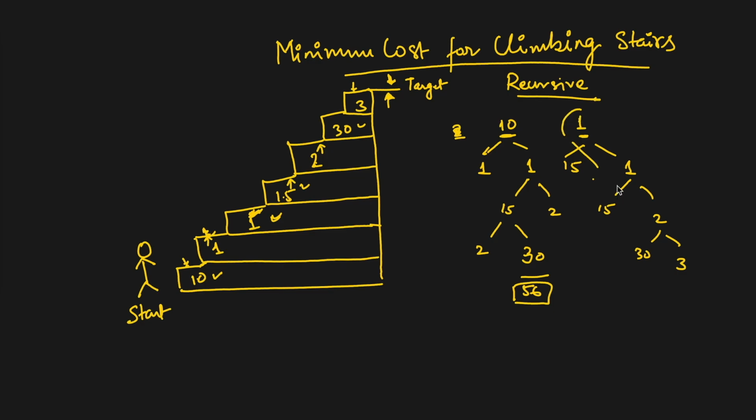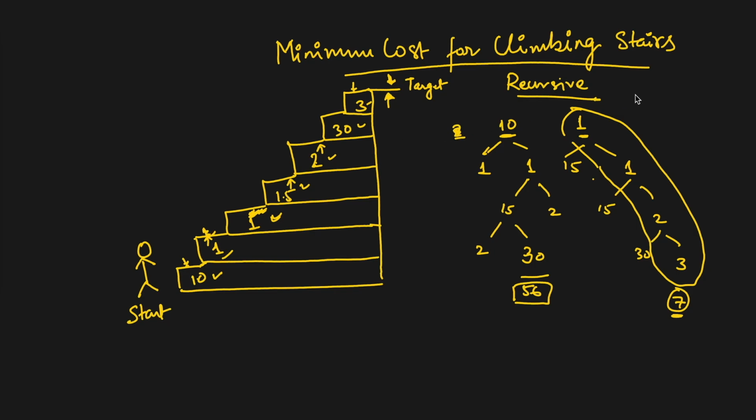So if we take this path, the cost is 32, 57, right? Similarly, we'll calculate the cost for other paths as well, and we'll pick the minimum. So in this case, the minimum cost is 7, 1, and then 1, 2, and 3. Any other path would have a higher cost.